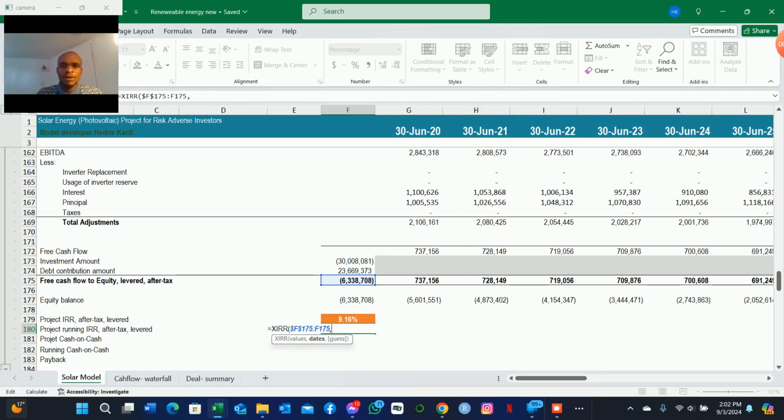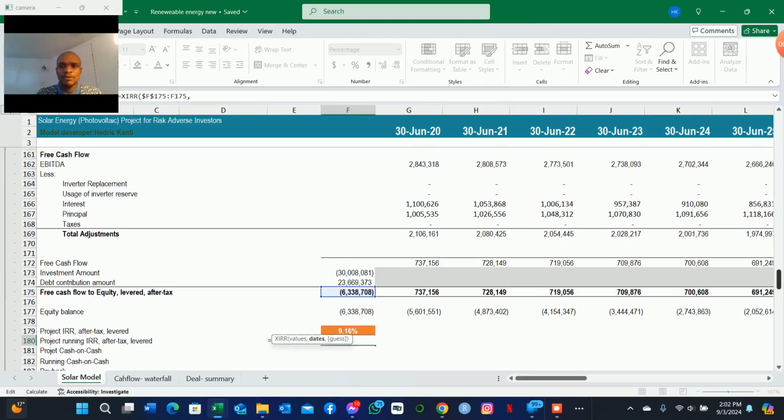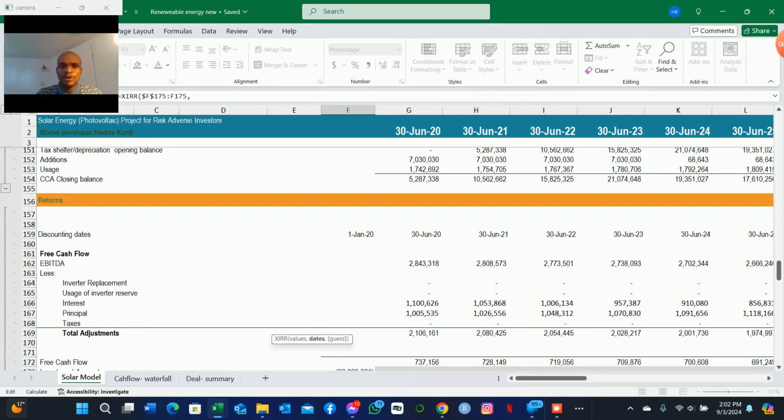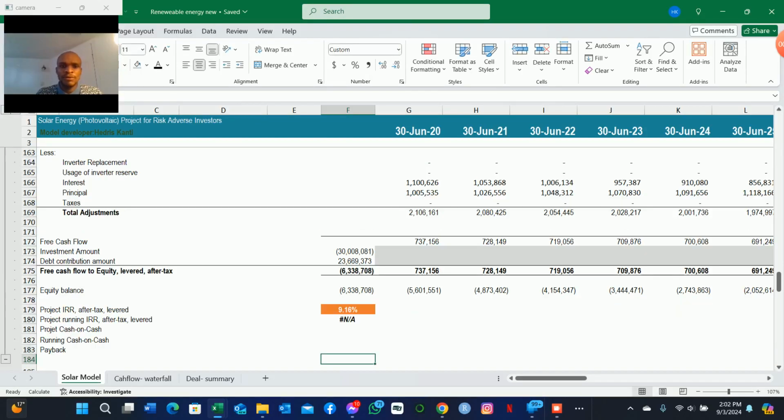Then we can assign the dates. In this case, we reference just this first date, again with F4, so we can now calculate the running internal rate of returns for us. Close the bracket and press enter.